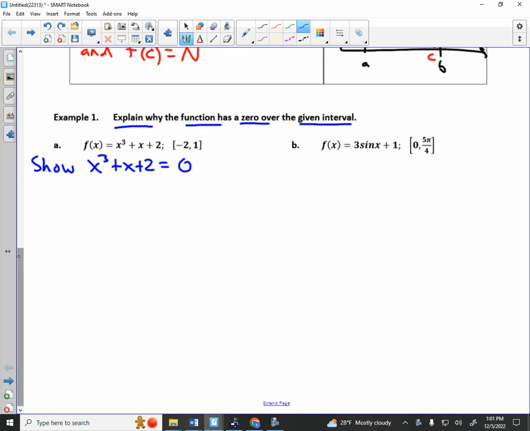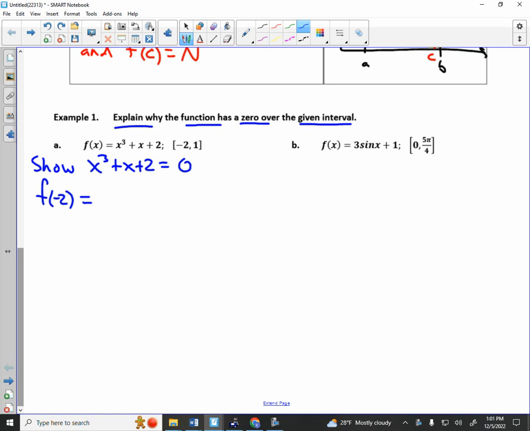And here's all we have to do. We're going to find out what f of negative 2 is. Where did I get negative 2? That's my first x value. This is not a coordinate. This is an interval. So this is the first x value. That's the second x value. So we want to say that this thing is equal to 0 somewhere between negative 2 and 1.